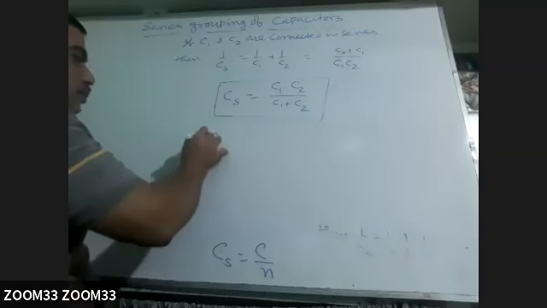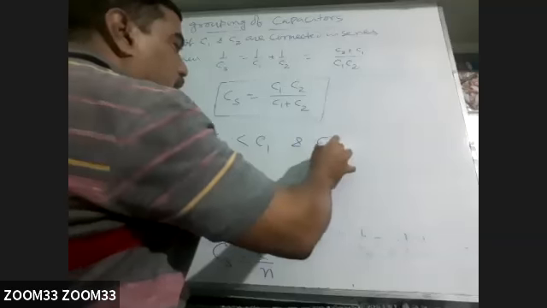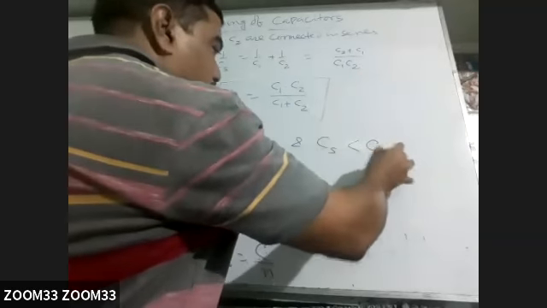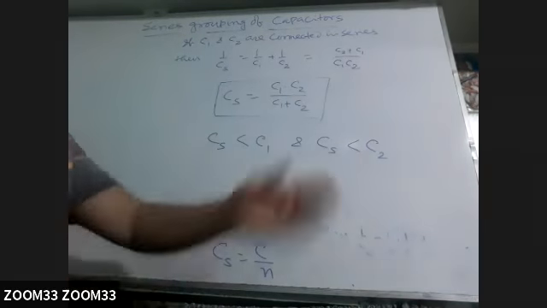Now this CS will be less than C1 and CS will be less than C2. If two capacitors are connected in series, then their equivalent will be smaller than the smallest among them, whatever number may be.